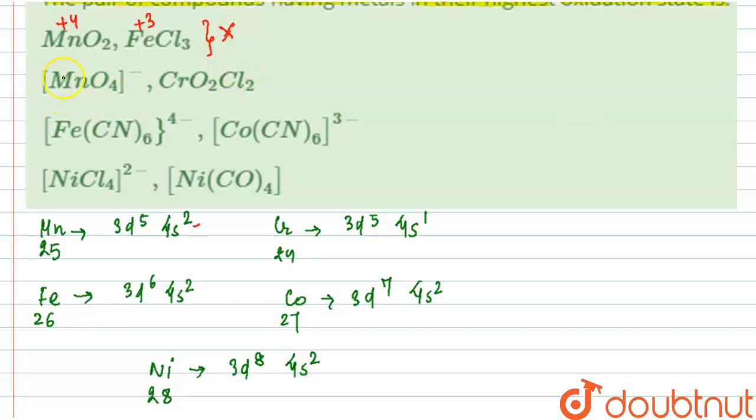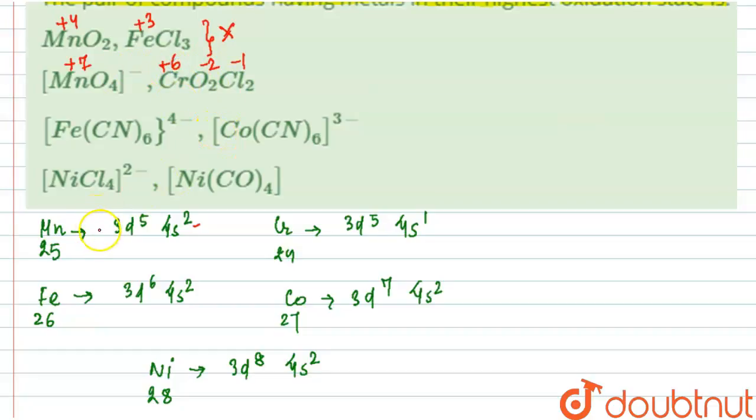Moving on to the next one, we have MnO4-, which means that manganese here is at +7 oxidation state, and we have CrO2Cl2, chromium oxychloride, where chlorine is at -1 and oxygen at -2, so chromium will be at +6.